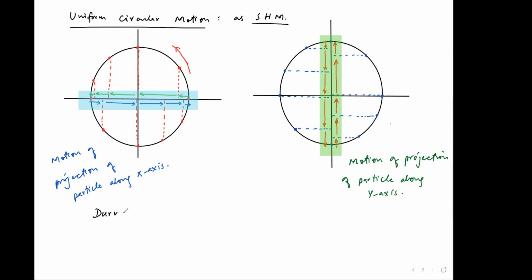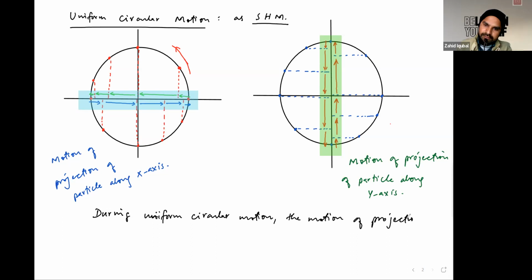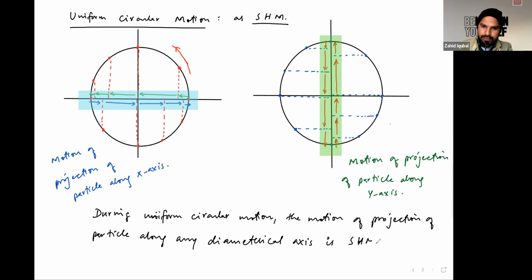So we can say during uniform circular motion, the motion of projection of particle along any diametrical axis is simple harmonic motion.